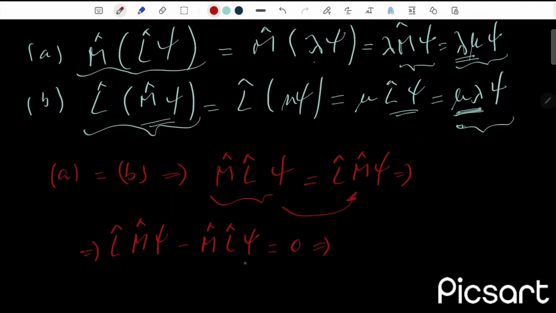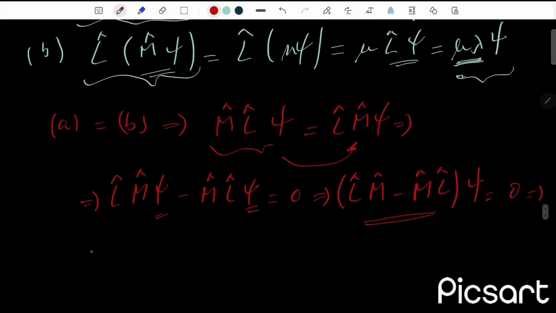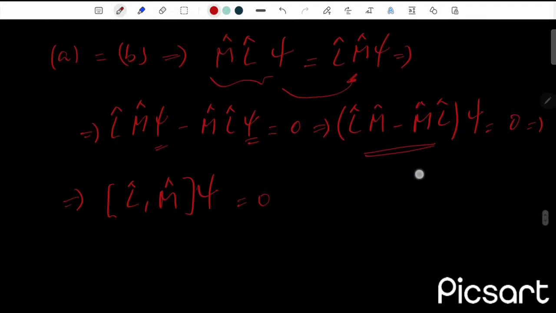And here we can take out psi as the common factor, so that we have (LM minus ML) acting on psi equal to 0. By definition, this is the commutator between L and M, acting on psi, which is equal to 0.